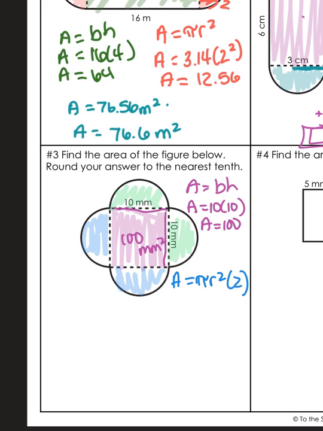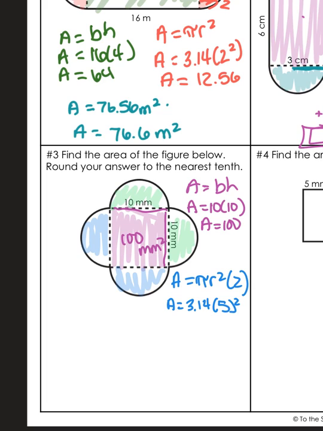And now I need to find the area of the circles. So the radius, so I have 3.14 times 10. No, I hope you just said, no, what are you doing? It's not 10. What is it going to be? 5 squared.